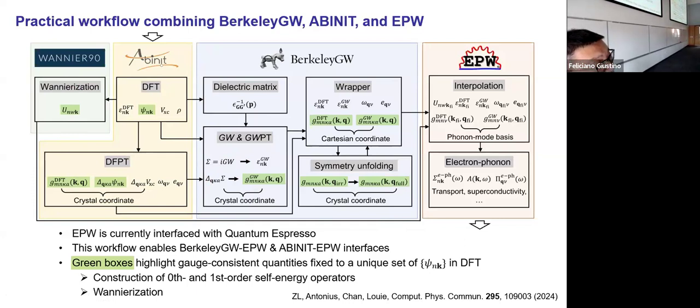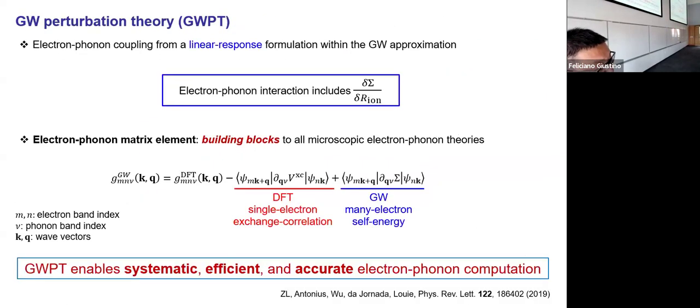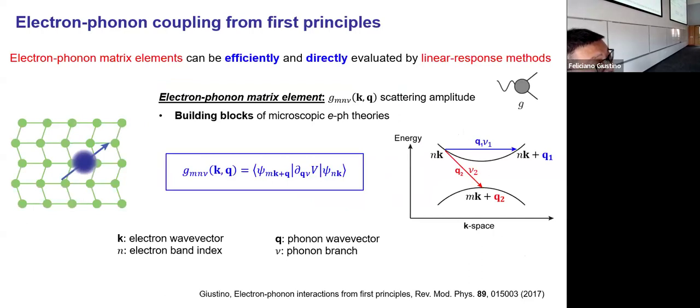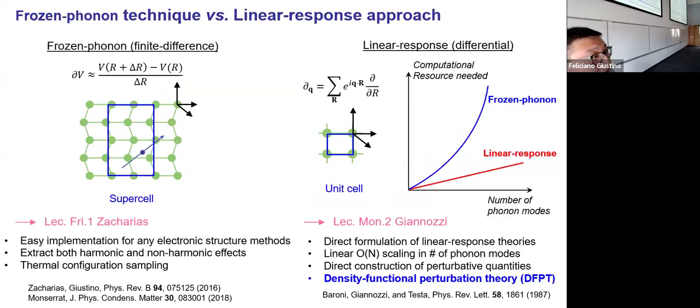The symmetric difference formula is the difference between plus delta r and minus delta r divided by 2 delta. Well, yeah, you can use that, of course, no problem.